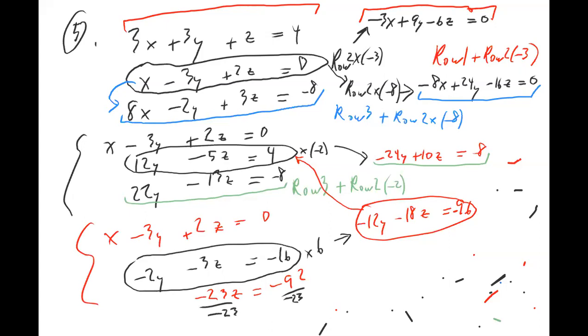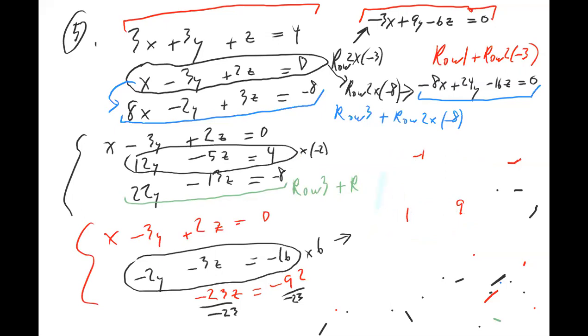Then I will have the third equation solved, which is the goal. And then you can solve the second equation, then you can solve the first equation. So this third equation now becomes just z equals -92 divided by -23, which is 4. So z equals 4.